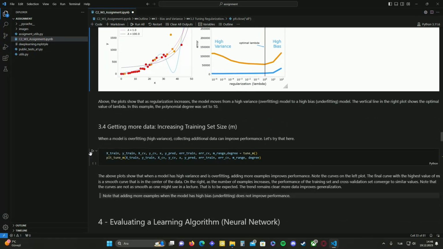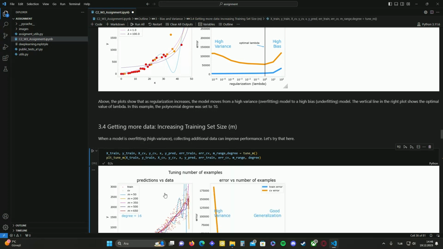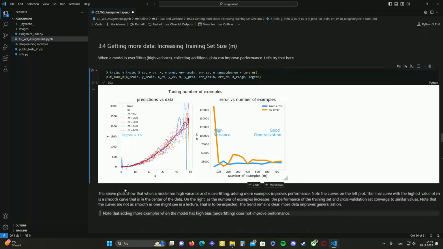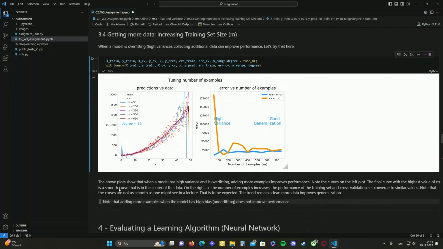Getting more data, increasing training sets. The above plots show that when a model has high variance and is overfitting, adding more examples improves the performance. Note the curves on the left plot. The final curve with the highest value of m is a smooth curve that is in the center of the data.